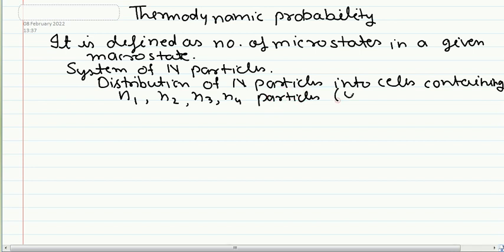Means we have four cells. In one cell there are n1 particles, in another n2 particles, in another n3 particles, and in the fourth cell n4 particles.